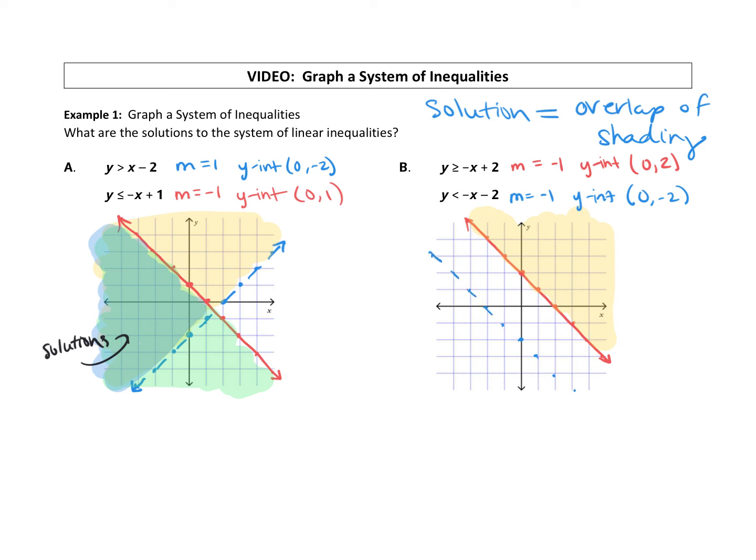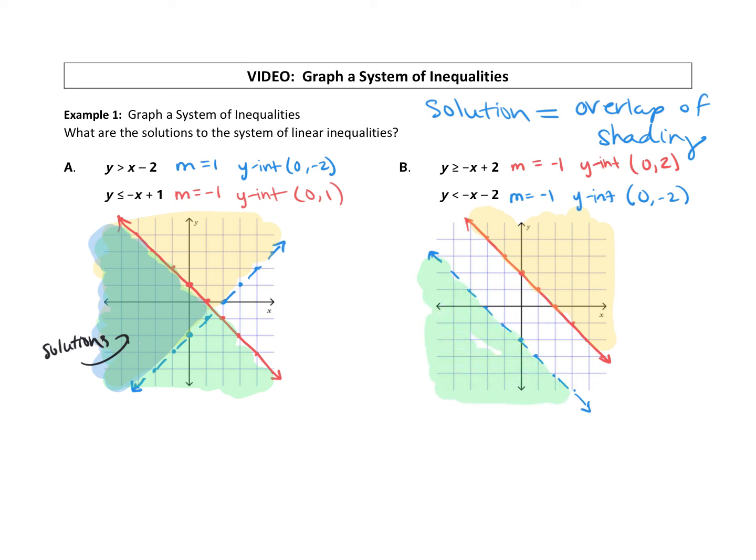So we're just going to fill in a dotted line. And are we shading above or below? It says y is less than, so we shade below. Again, put your pencil anywhere on the line, go straight down. That's the region that you're going to shade. So we're shading below this line.